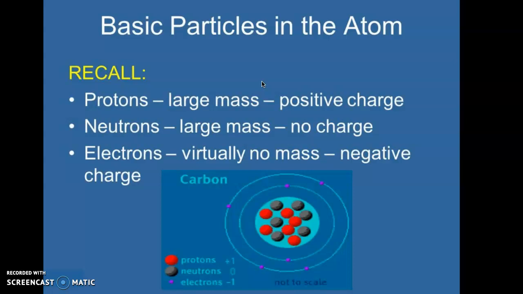They have no charge. They are neutral. And then my electrons have virtually no mass. They have a little bit of mass, but it's nothing compared to the protons or neutrons. That is why they flow outside of the atom in what we call the electron cloud. Electrons are negatively charged.